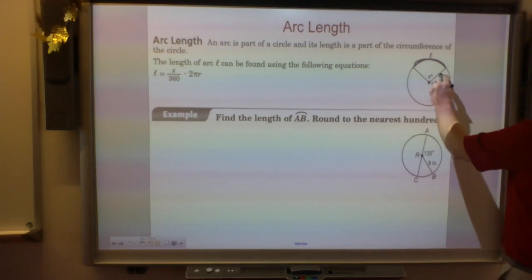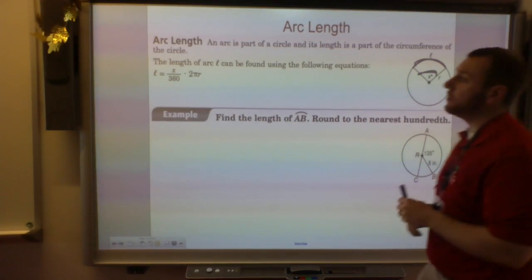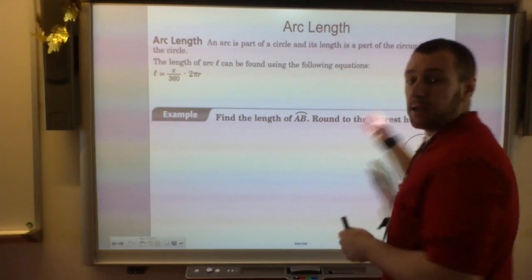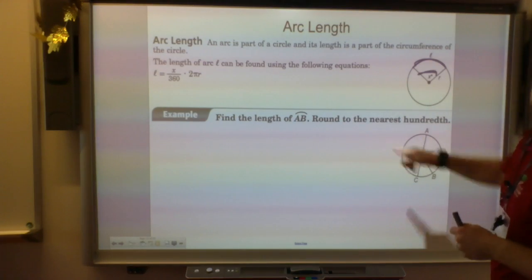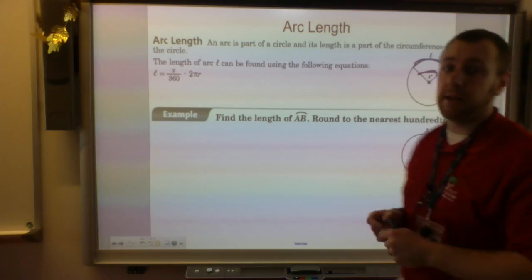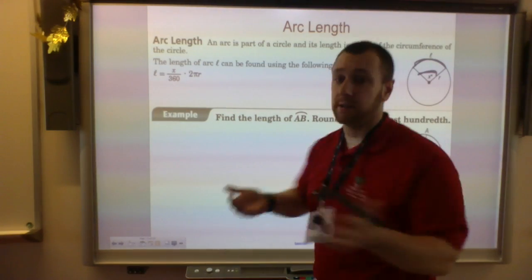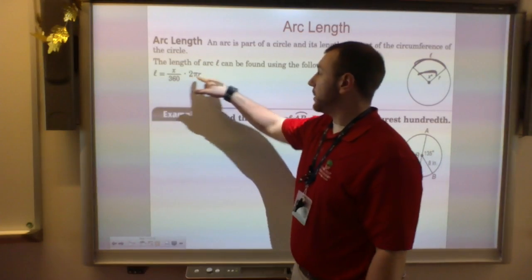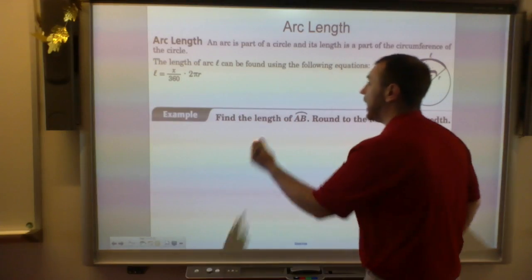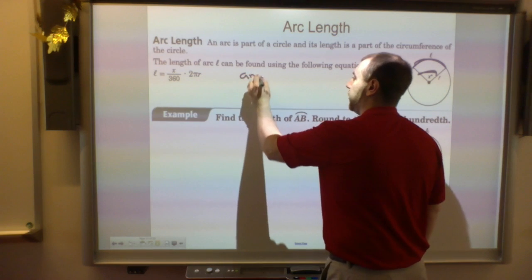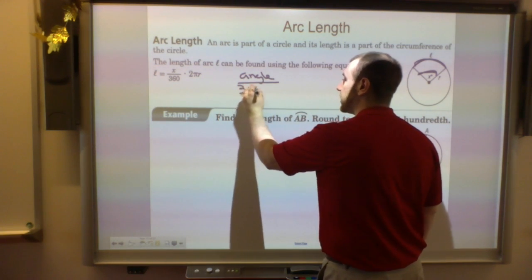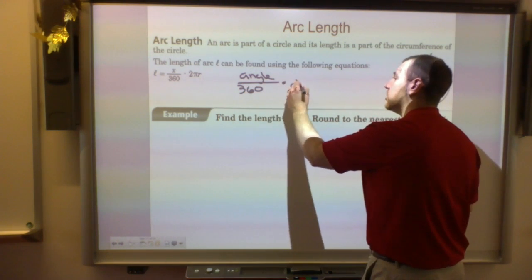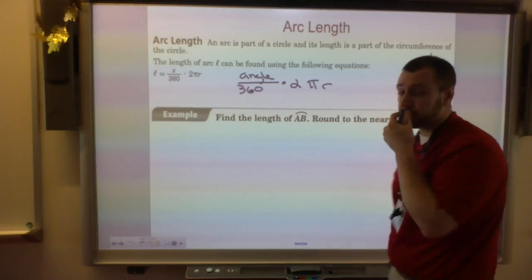We call this the central angle. Dividing by 360, the angle around the whole circle, right? If I'm doing a 360, I turn around in a circle. And then I just multiply by my circumference formula. I write it out as angle over 360 times 2 pi r.